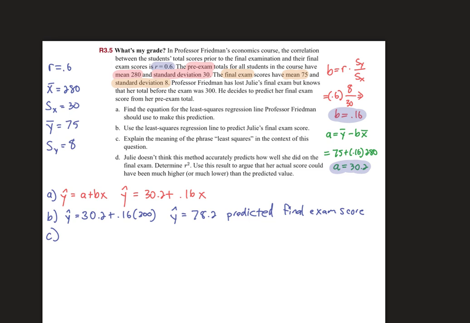He took the pre-exam and final exam for each student and made a point. Each point represents that student's pre-exam score, comma, their final exam score. That's the x and y of each point.